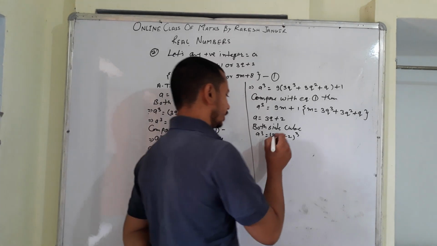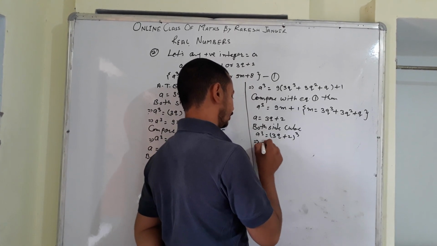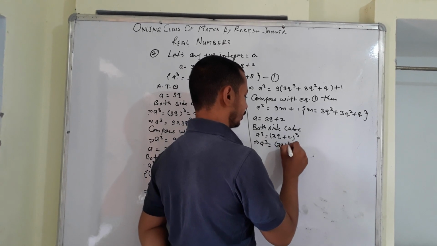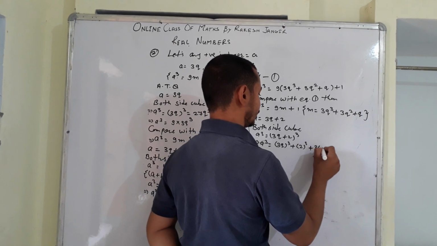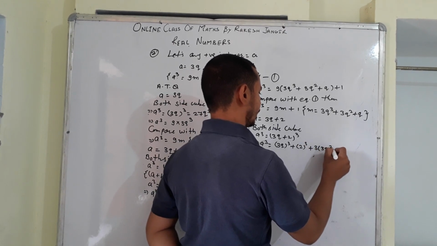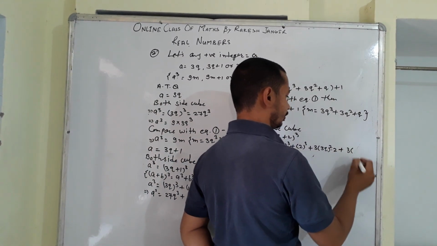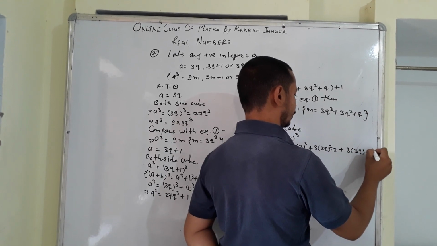Then the value of a cube equals 3q whole cube plus 2 whole cube plus 3 into 3q whole square dot 2 plus 3 into 3q dot 2 square.